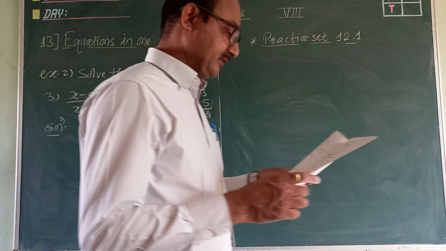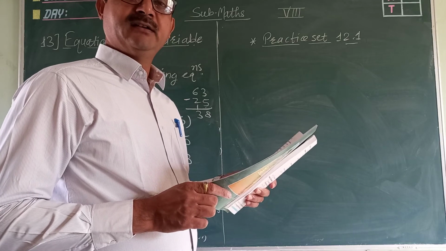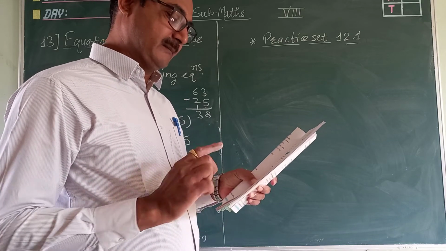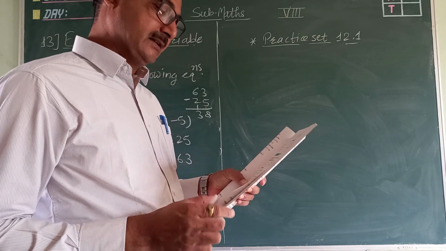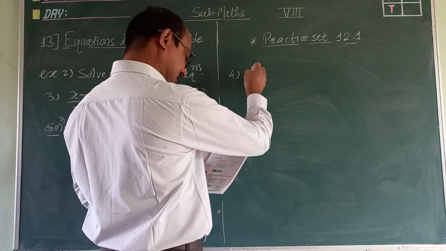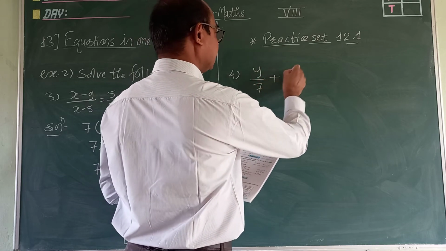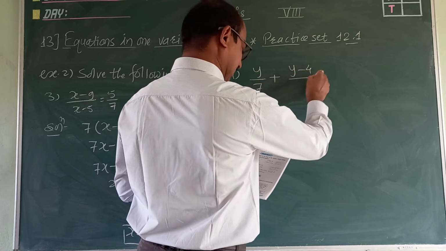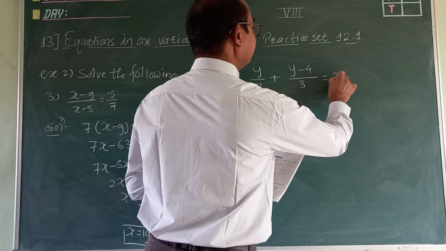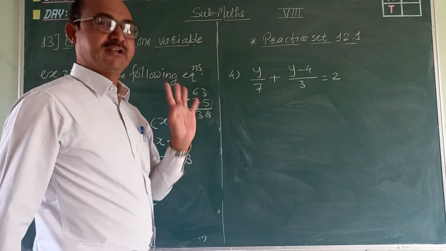So many examples are there. You have to solve that. If division is there, then you have to multiply. Suppose one more example is there, which is also somehow different. We'll take y upon 7 plus y minus 4 upon 3 equal to 2. See this, maybe students have confusion here.